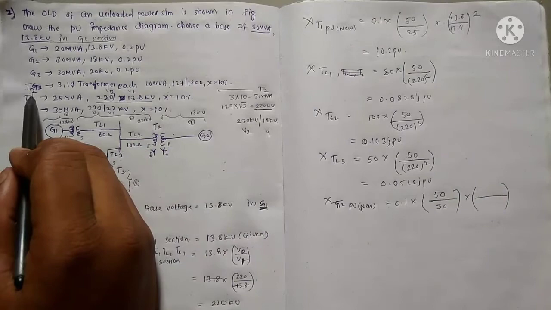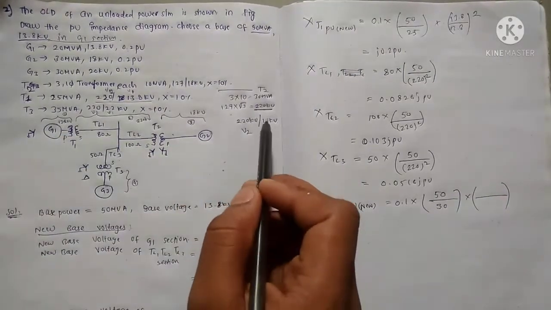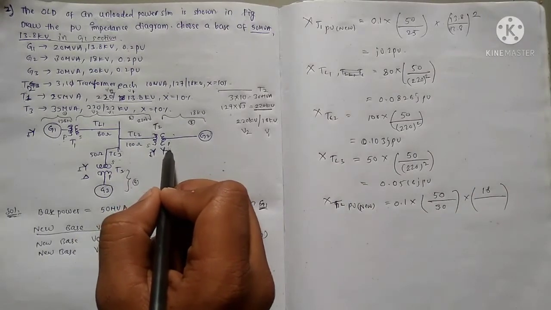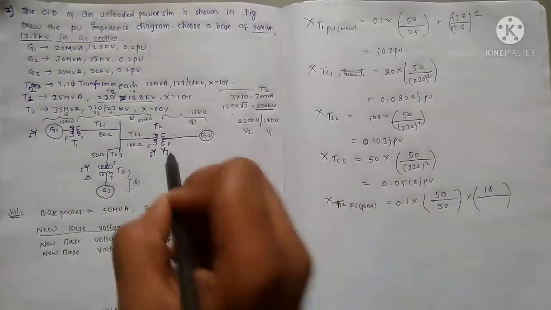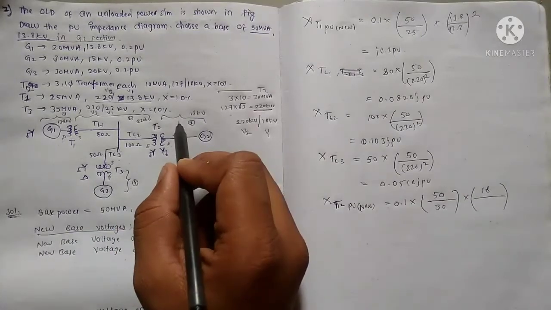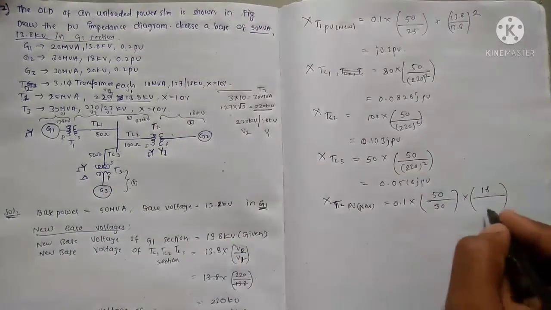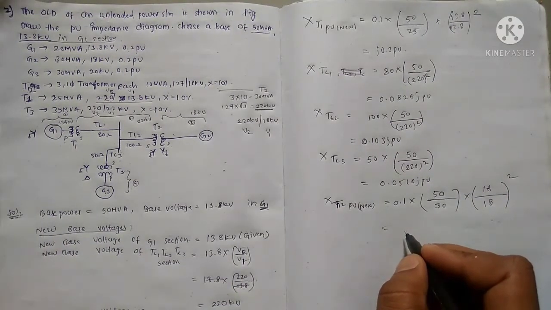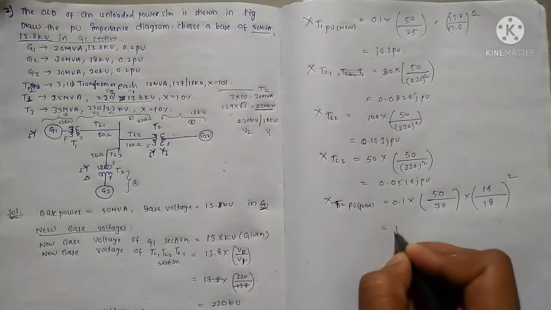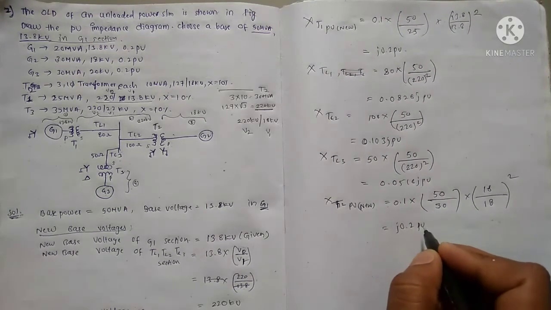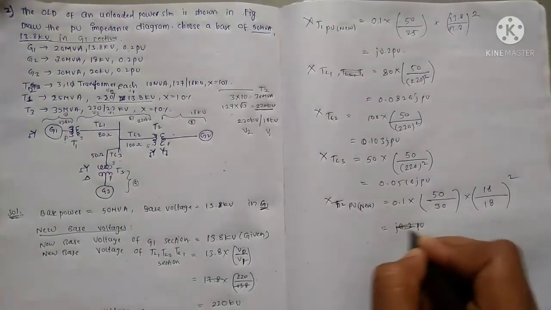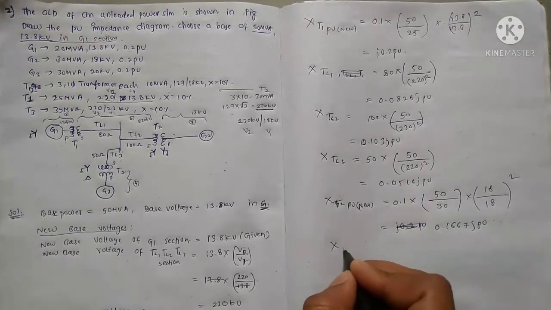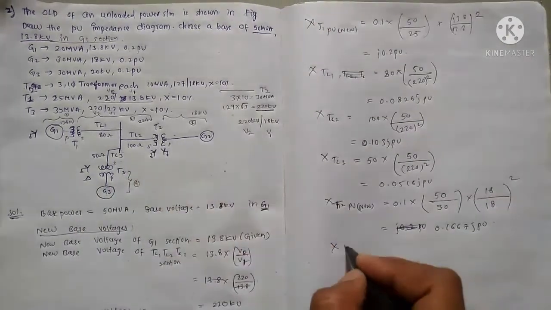Primary voltage of T2 is 18 divided by, since primary voltage is 18 for T2, right? Primary voltage we took as 18. We need to take this primary side voltage section, voltage is 18 whole square. The answer we get as j 0.2 pu. Sorry, we get this as 0.1667 j pu. And now we completed with the T2.